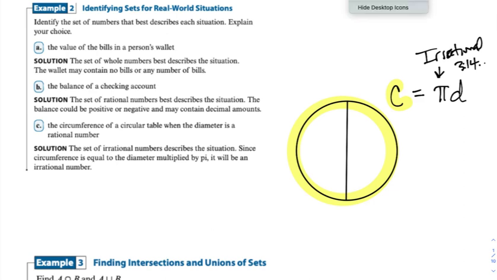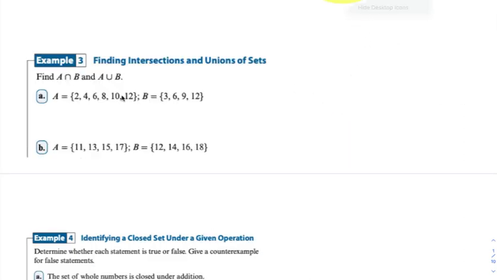Let's look at example 3. So here in example 3, we're going to be talking about sets and two different notations for sets. So the first one is the idea of intersection. And we use this upside down U shape, and the idea of union, which follows the U shape. So union is everything together, all of it together, and intersection is just what they have in common, or how they overlap.